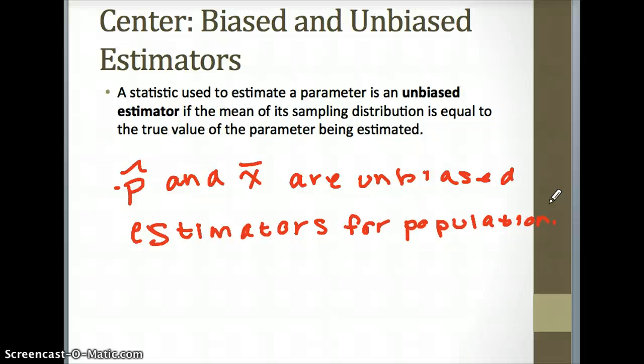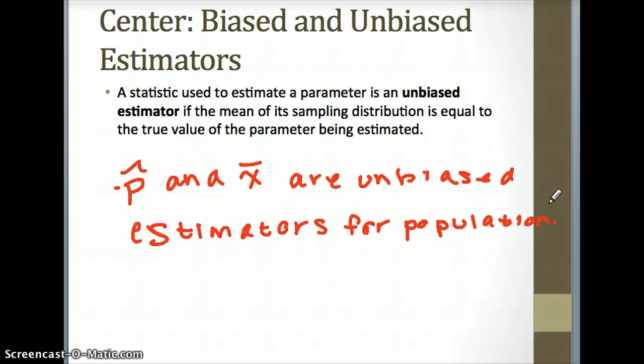So now we'll talk a little bit about range or standard deviation with our statistic. So the problem being here is that with your sample range, so even though a sample mean and your sample proportion is going to be an unbiased or useful estimator, often your sample range is a biased estimator.